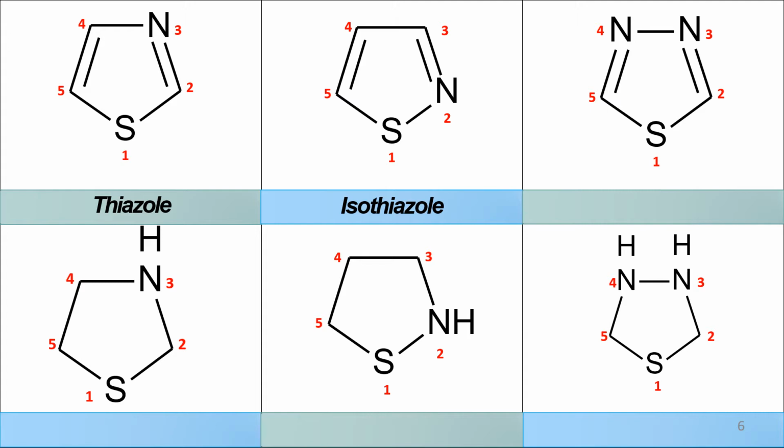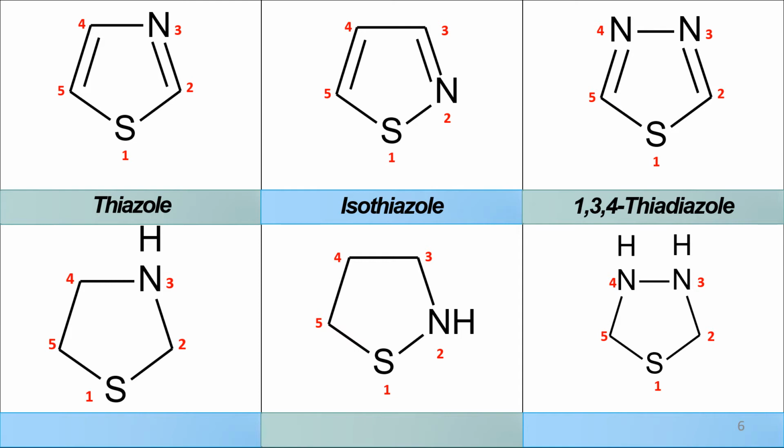So what is the name of this structure? Number 3, a sulfur atom and 2 nitrogens, containing double bonds, means unsaturated compounds, but the number of heteroatoms is 3. Sulfur means thia, 2 nitrogens means di and aza. So the chemical name of this structure is 1,3,4-thiadiazole.